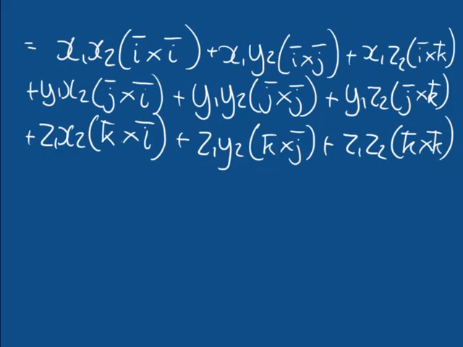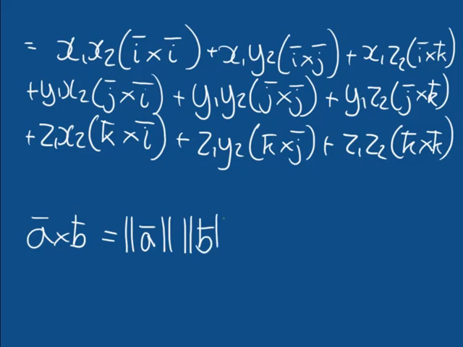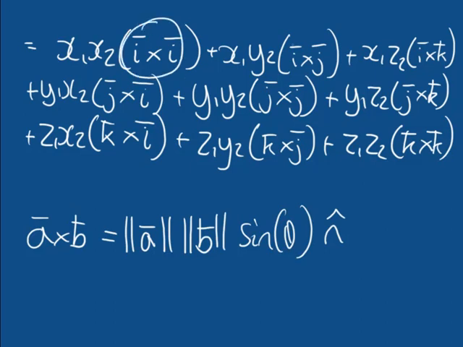Now, if we use our definition of the cross product from earlier, where we said A cross B is equal to the length of A multiplied by the length of B multiplied by the sine of the angle between them multiplied by that mutually perpendicular unit vector, then we can actually calculate each of these cross products between our Cartesian vectors.